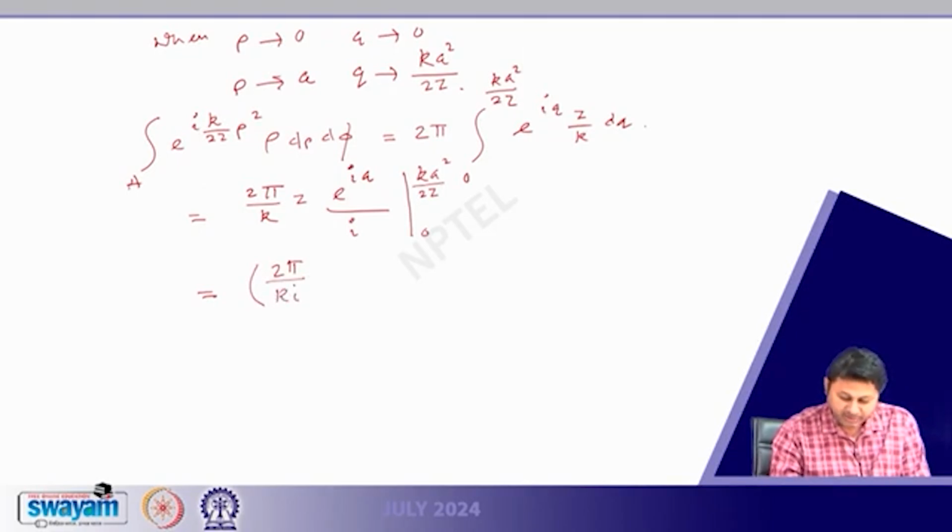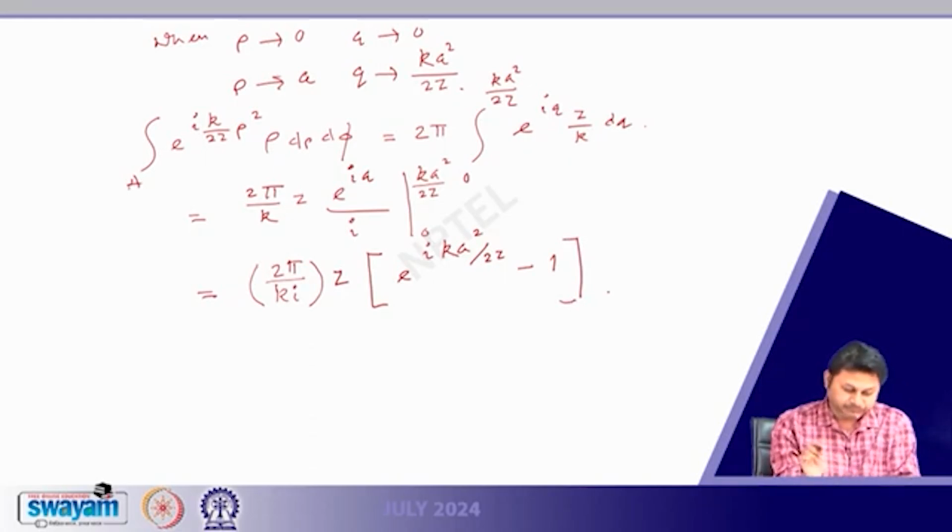Note that this beautiful term again appears here, which is 1 by alpha actually with a negative sign, then z is here, then we have e to the power of i k a square by 2z minus 1. Just put the limit, that is all.